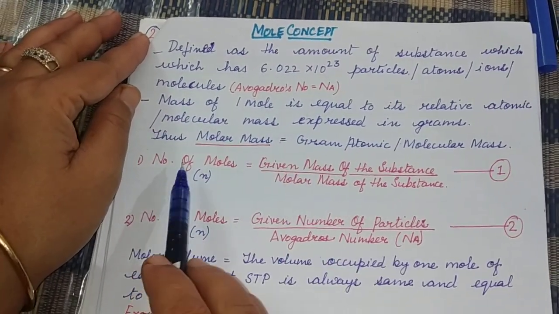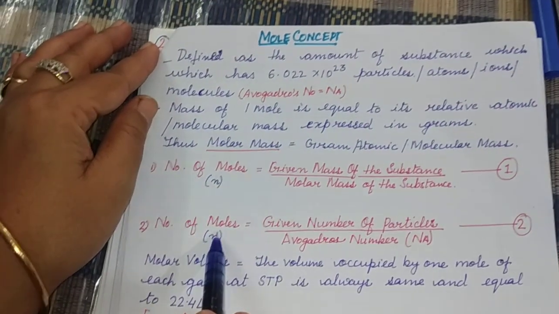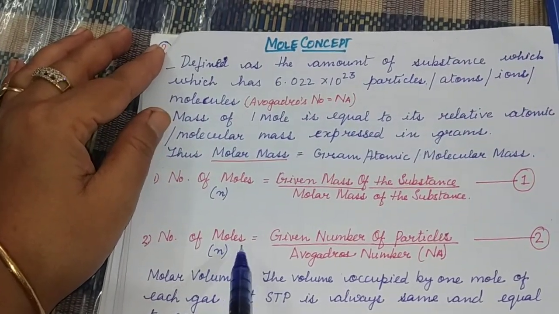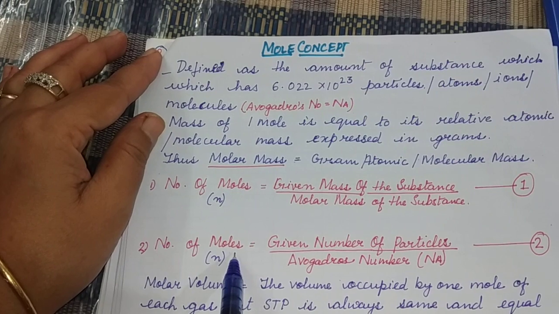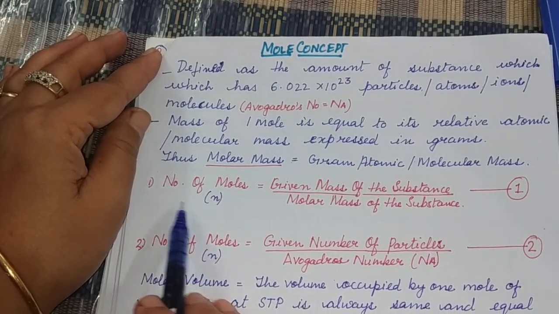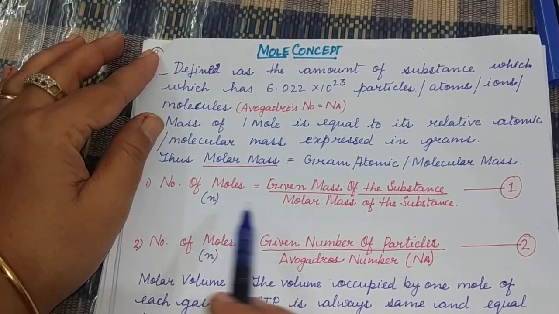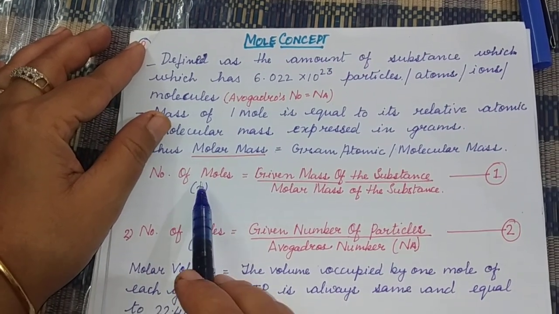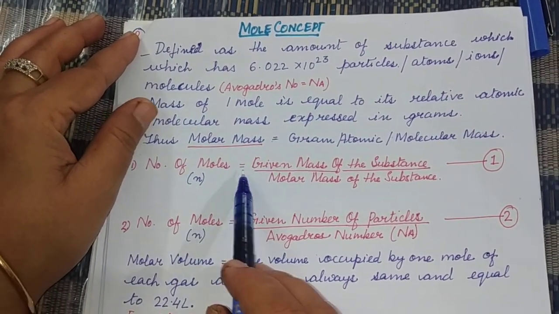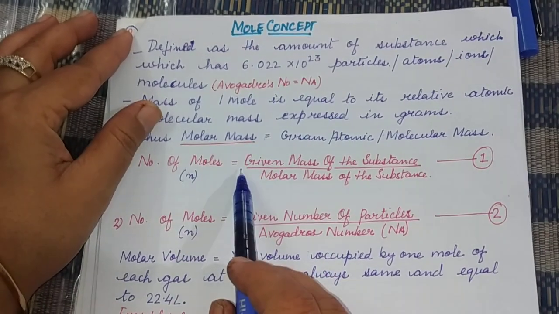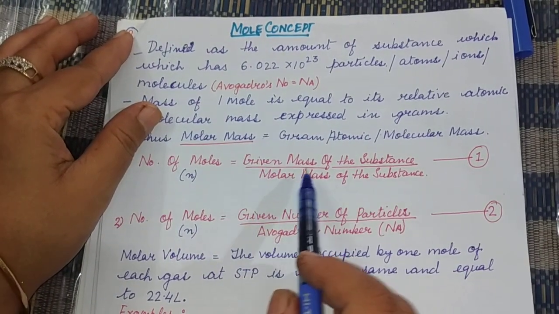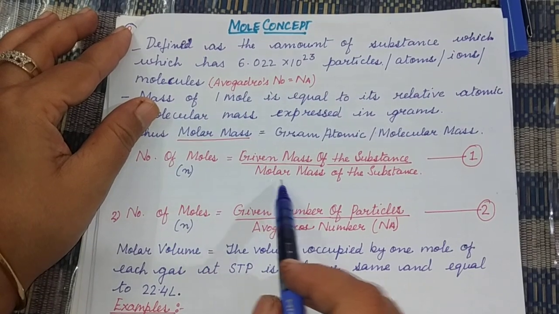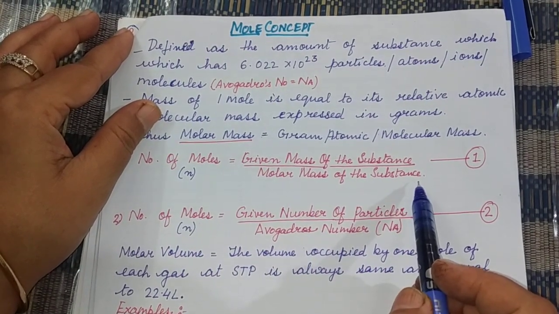Now there are 2 important formulas required to solve the various numericals of the mole concept. Formula number 1 is to find the number of moles from the weight of the substance. Number of moles, n, is equal to the given mass of the substance divided by the molar mass of the substance.